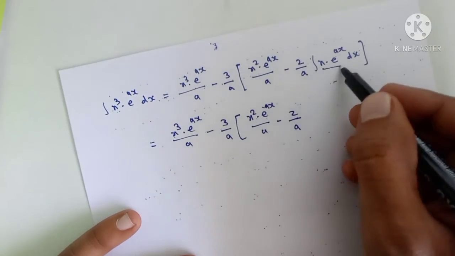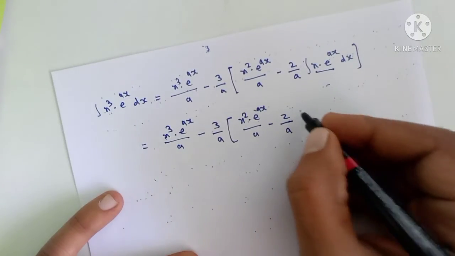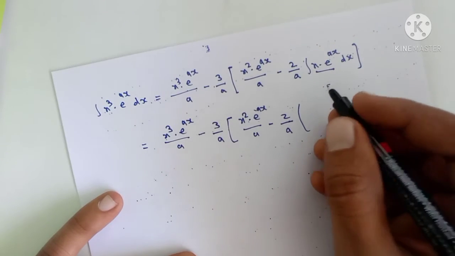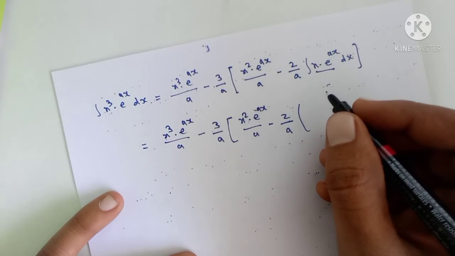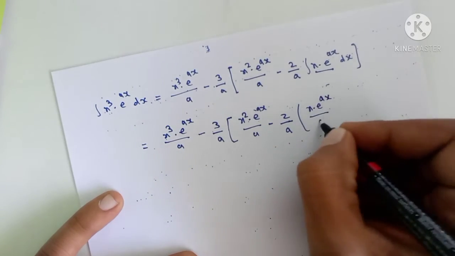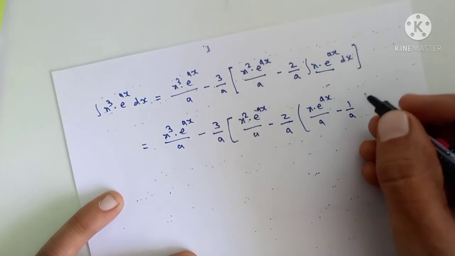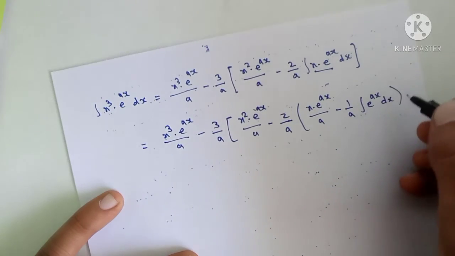Now just put the value of integration of x into e raised to ax dx. So it is equal to x into e raised to ax divided by a minus 1 by a into integration of e raised to ax dx.